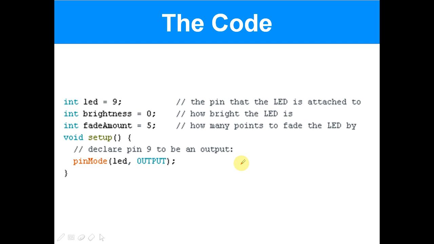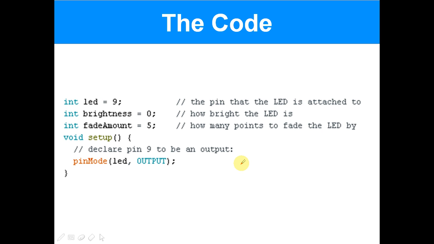Okay. int brightness = 0. How bright the LED is. It needs to start off at 0. We've created a variable there, which is basically saying what the brightness starts off as. And then int fadeAmount = 5. How many points to fade the LED by? This will all make sense to you in a second if you don't get it now.